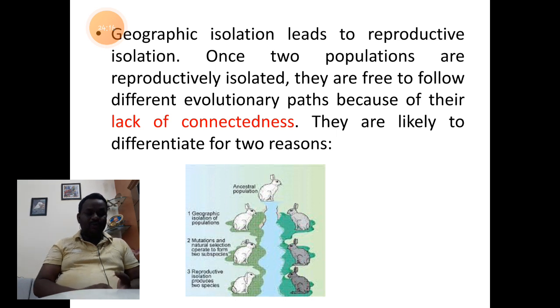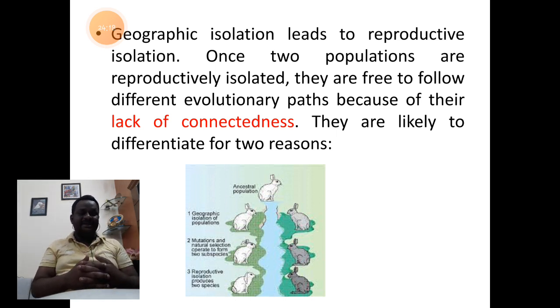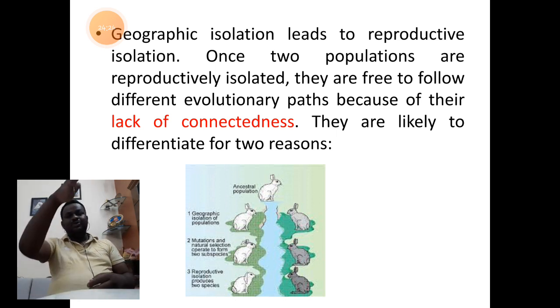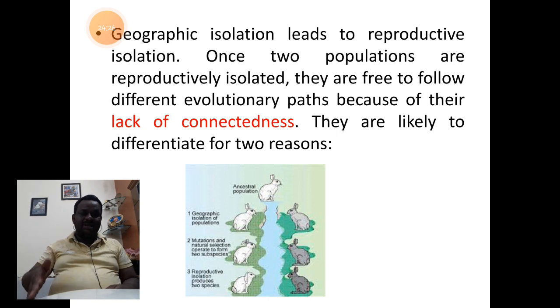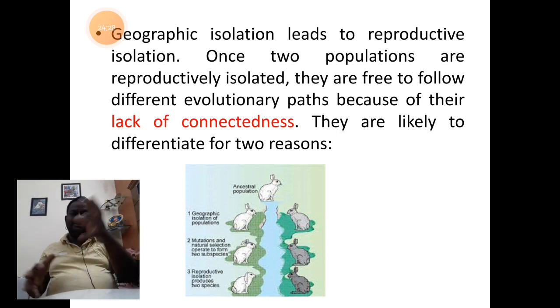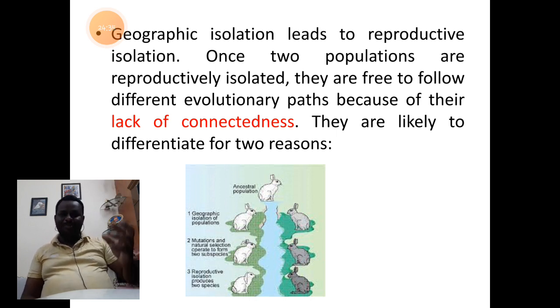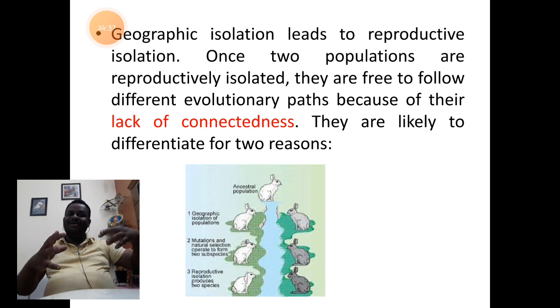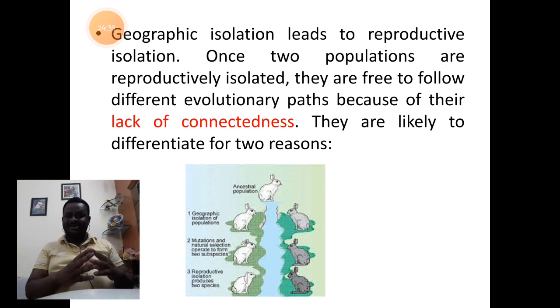It is due to the lack of connectedness, as we see in the picture down here of rabbits. You can see towards the left side, the original population retains ancestral characters, whereas the right side rabbit population totally changes in its characters.